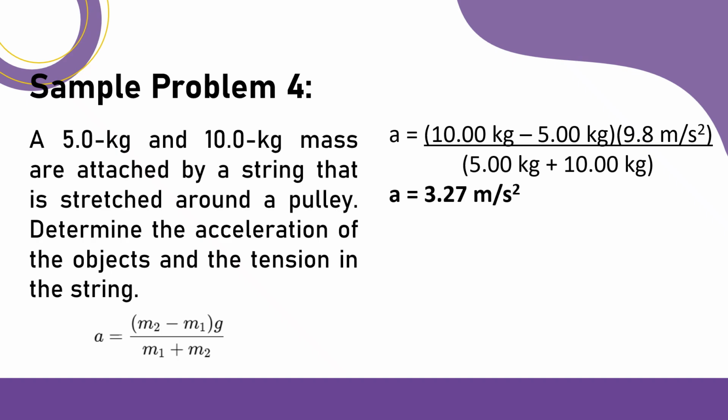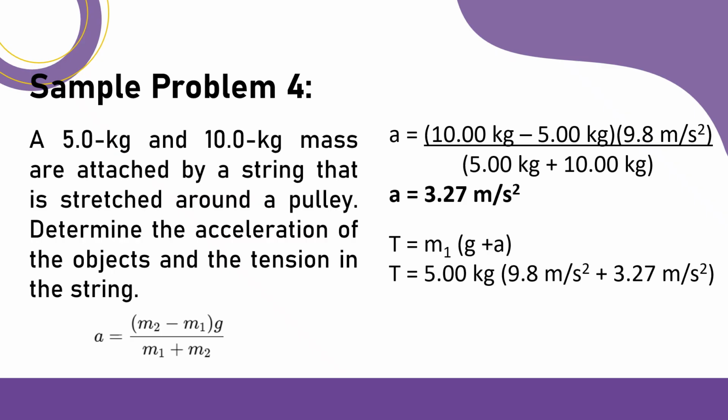So the acceleration is 3.27 meters per second squared. Now again, to get the tension, I would be using mass 1 so that I would be using a positive acceleration. T is equal to 5 kilograms multiplied by 9.8 meters per second squared plus 3.27 meters per second squared. So the tension is 65.35 newtons.